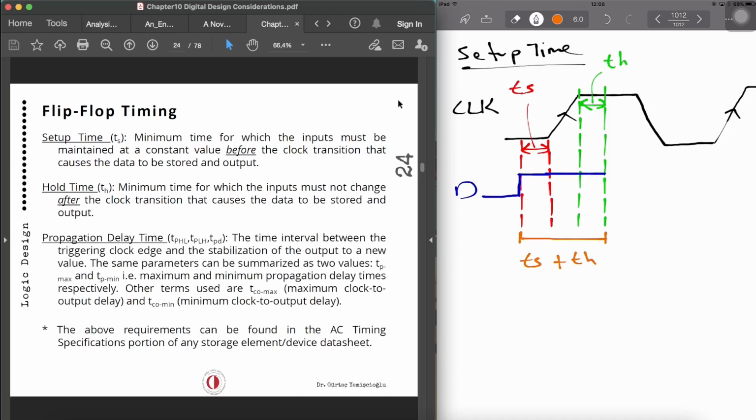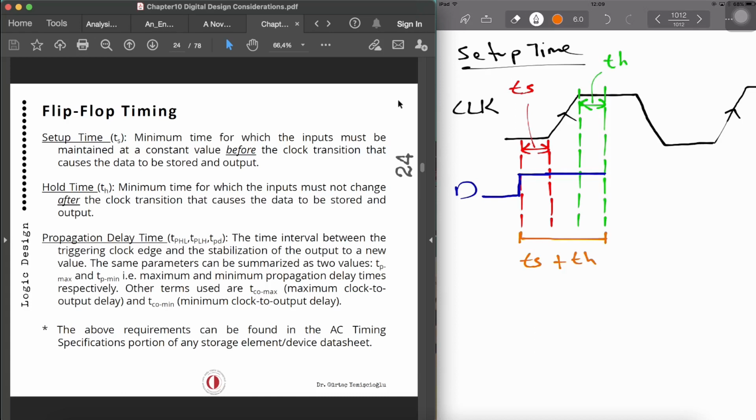Okay, so propagation delay, which is another metric that we consider, applies to flip-flops as well. It's a little bit different compared to the combinational circuits that we have seen at the beginning. It is the time interval between the triggering clock edge and the stabilization of the output to a new value.